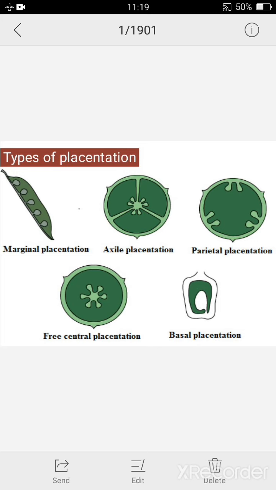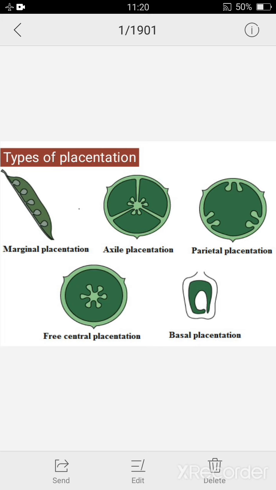We draw a margin on the white sheet while writing exams, right? So the margin is located at the edge of the paper, right? So here also the ovules are present at the edge of the fruit, on the ridge which is present ventrally. Hope you understood.